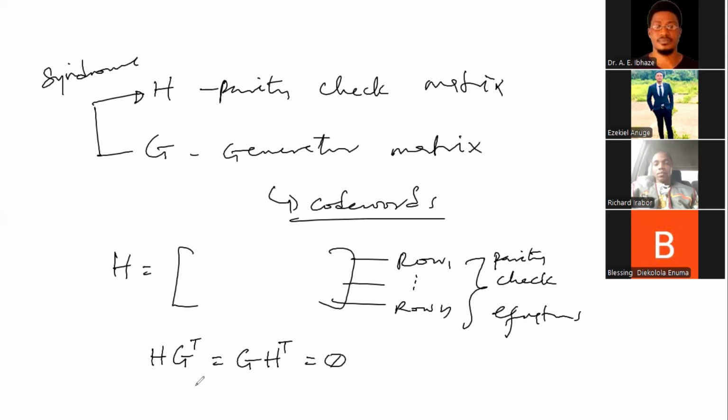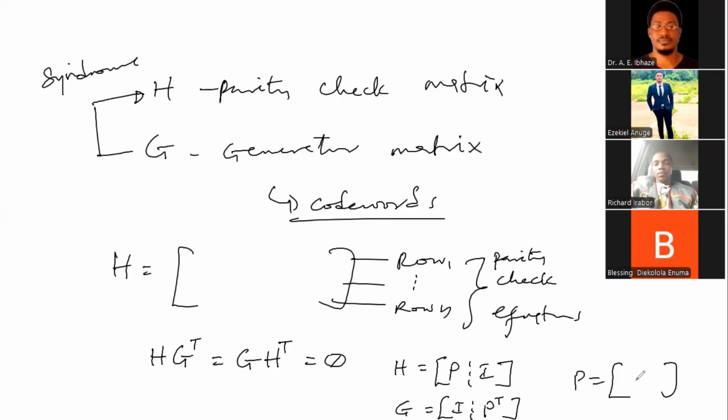Largely because the parity check matrix is designed in such a way that we have the parity bits and the identity matrix, while the generator matrix is designed such that we have the identity matrix and the transpose of the parity matrix. So it means that the parity matrix P must have been defined, okay, where we have this as a matrix.